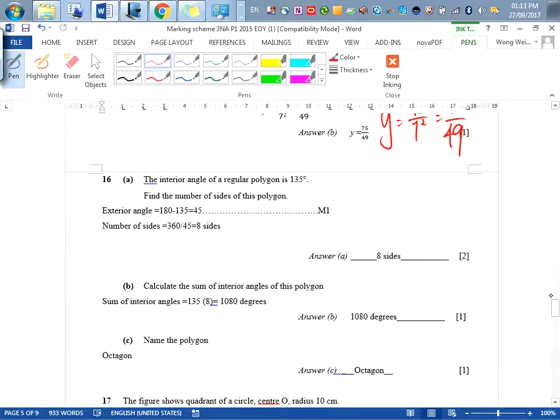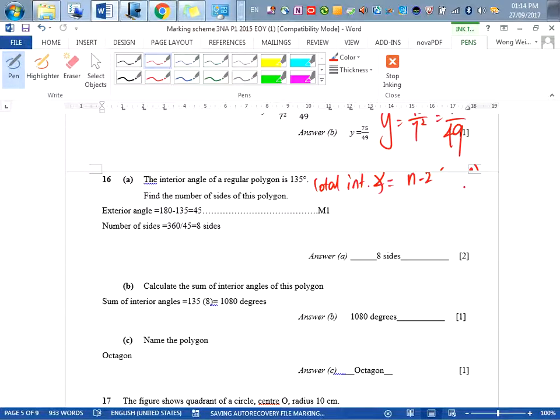16a. Interior angle of a polygon. What is the formula for interior angle? Yes, that is the total. Right? Total interior angle equals to n minus 2 times 180 degrees. But if I want just one angle, I need to divide by the number of sides, which is n lor.